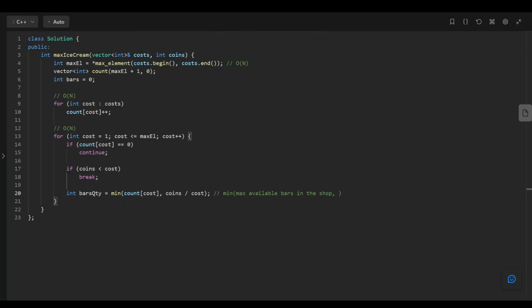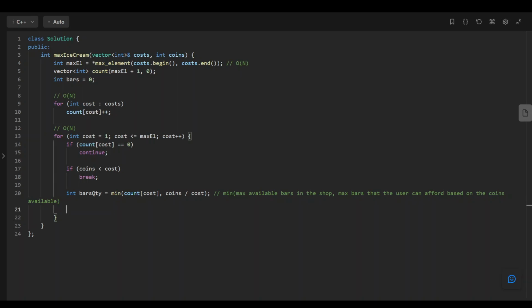Maximum available bars in the shop, or maximum bars that the user can afford based on the coins available, right? So this is the formula for that.